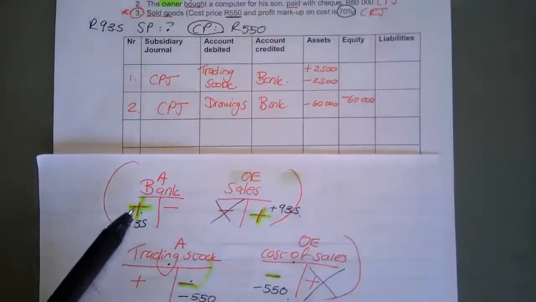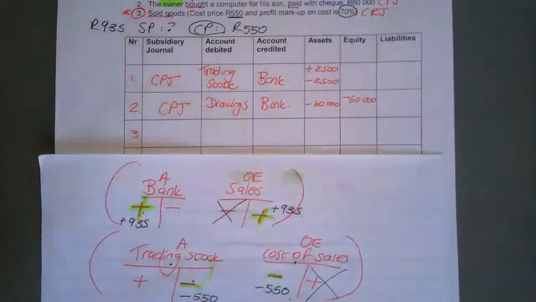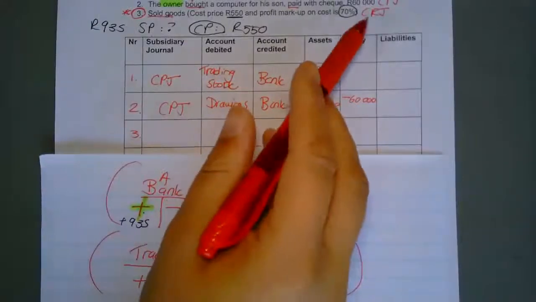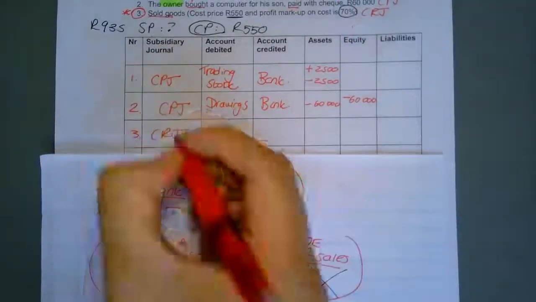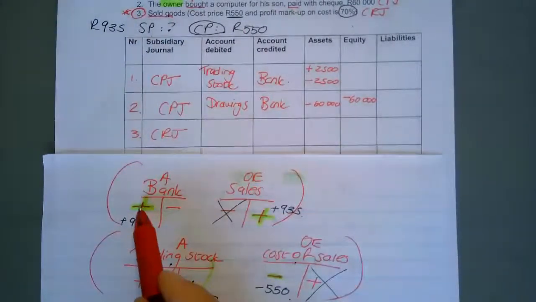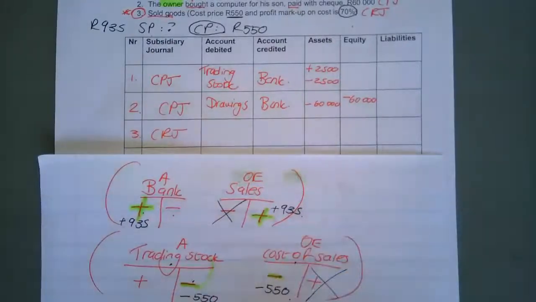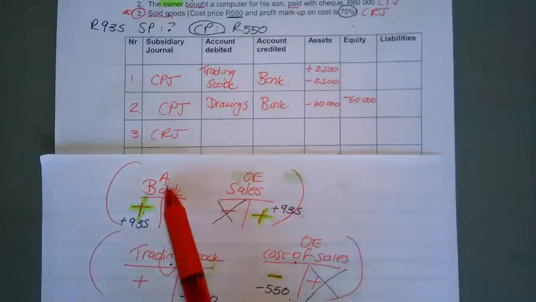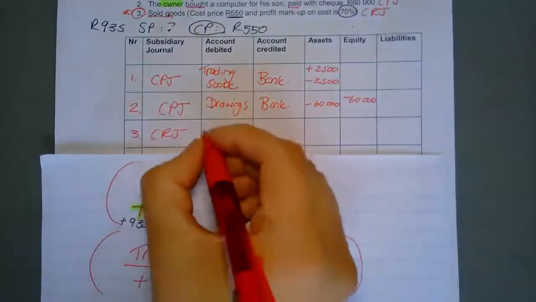Let's start with the first one, bank and sales. You simply write number 3. Which journal is involved? We are receiving money because we're selling, so it is the cash receipt journal. Which account is debited? Remember, the left side is the debit side and the right side is the credit side for all accounting accounts. Bank is debited.